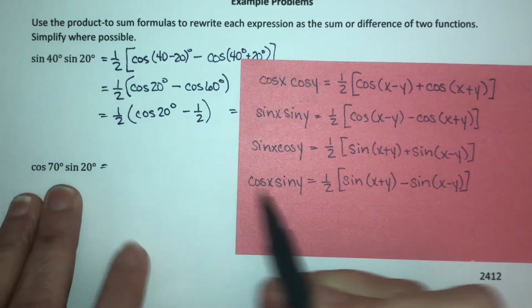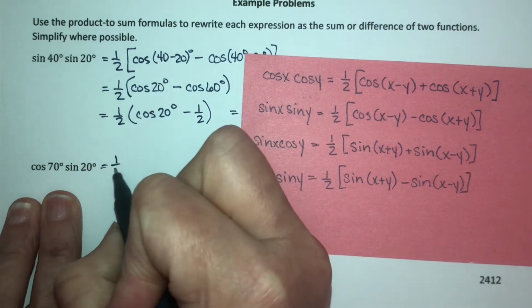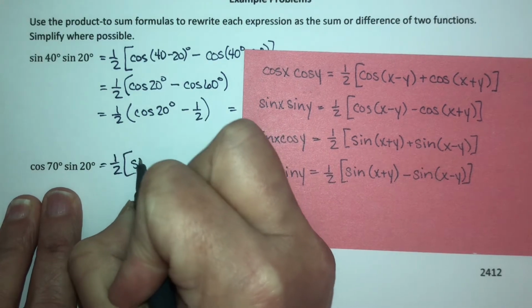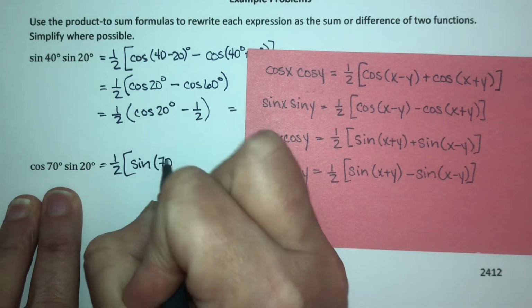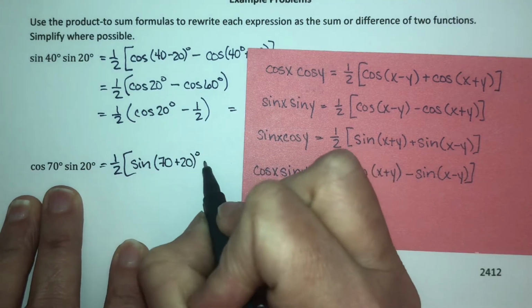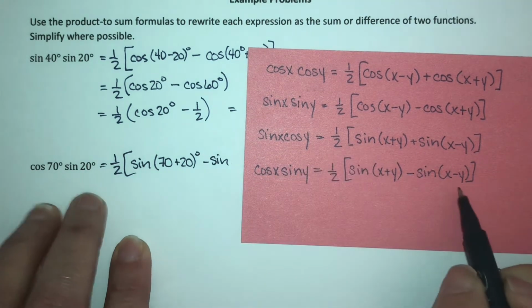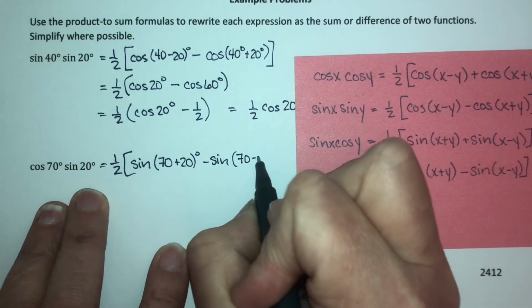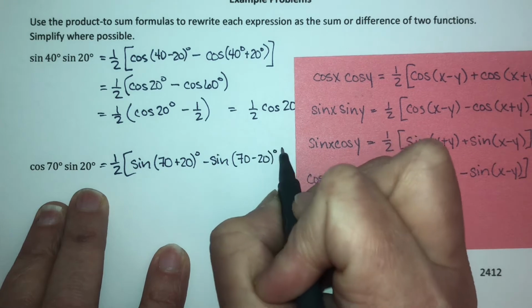So cosine and then sine is 1/2 of sine of x plus y minus sine of x minus y, sine of 70 minus 20 degrees.